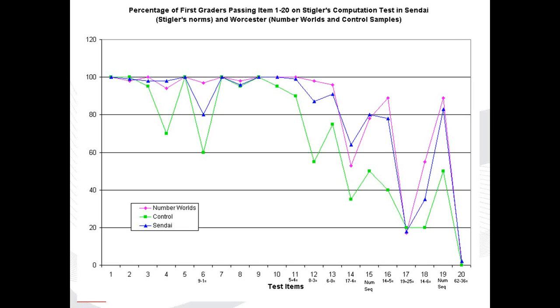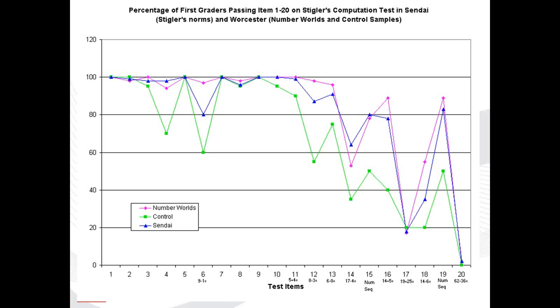The interesting thing about this graph is if you look at the pink line, which is the Number Worlds population in this longitudinal study, they are doing just as well as the Japanese children. I wasn't expecting they would do quite this well because the Japanese are the top of the world in computational efficiency. But they're holding their own on every single item against the Japanese students, and even on some items they're doing better.